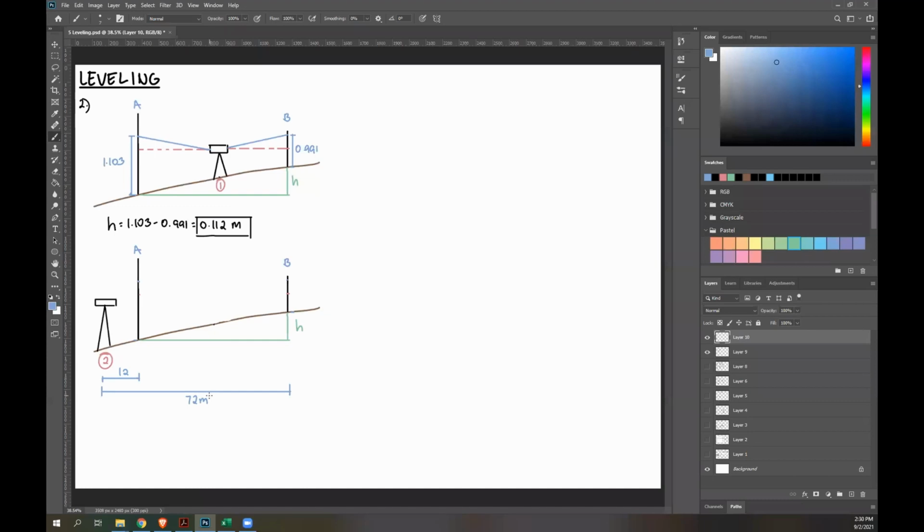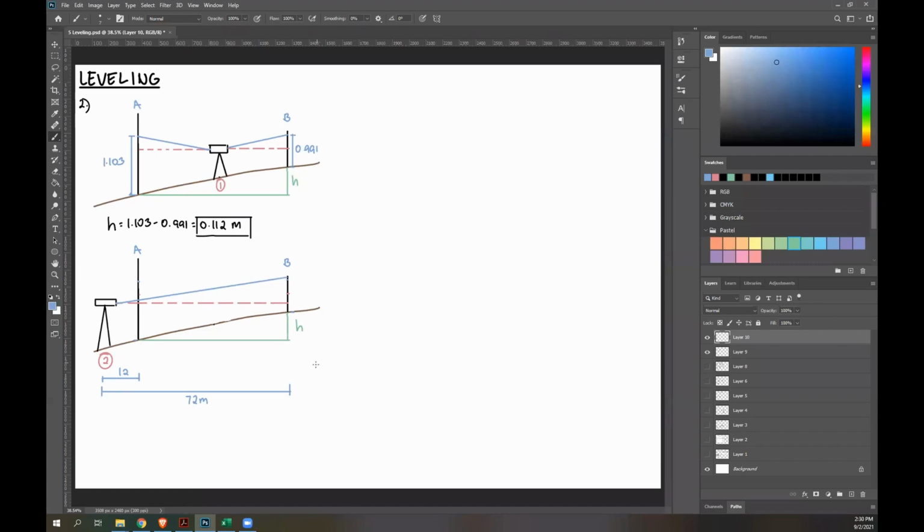Alright, so to solve, again, let's draw the actual horizontal line. And then remember, what you assume for the first situation should be the same. I assumed it's upwards, so this should be upwards as well. Okay, let's exaggerate it.